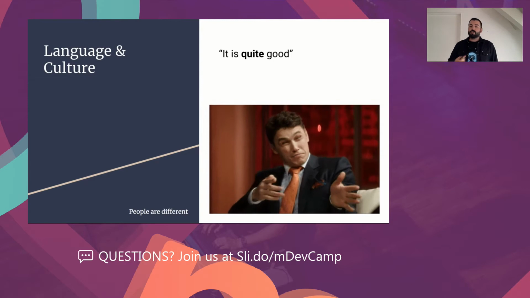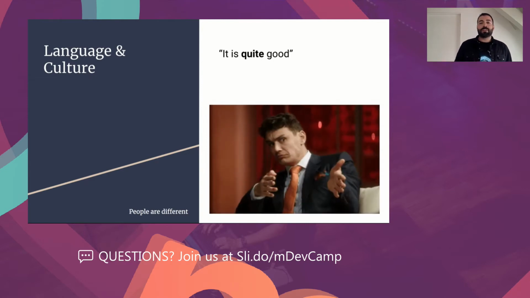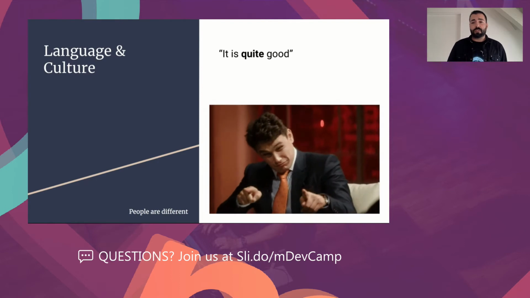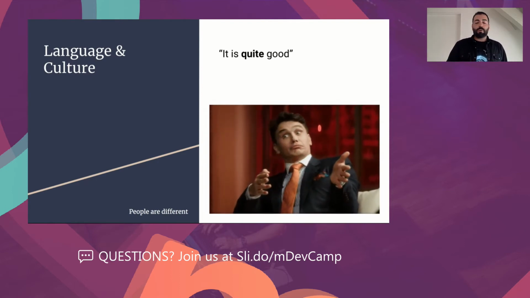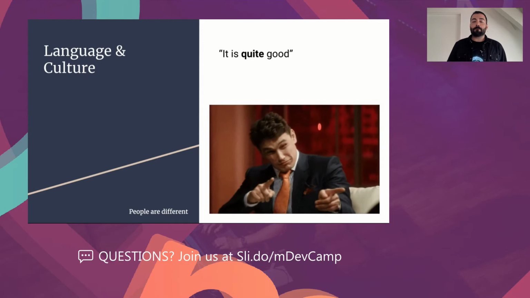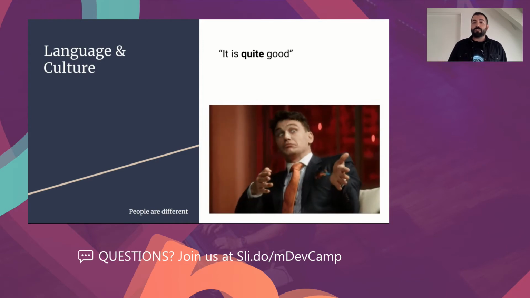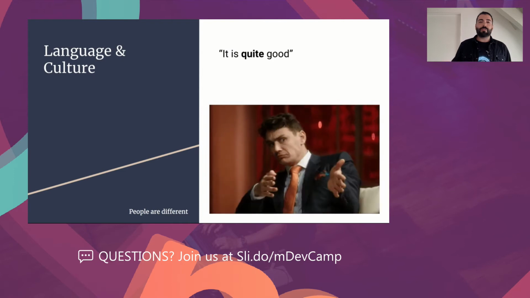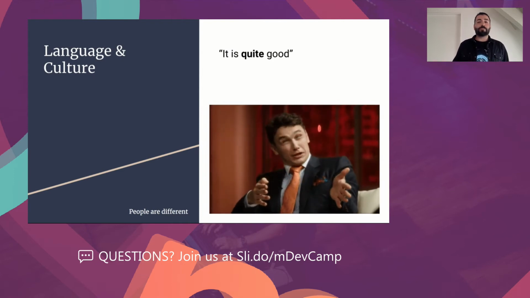And then let's assume a conversation between two people trying to decide whether or not to buy a product, right? And one of them ends the conversation saying it is quite good, and the other person wonders, should it buy or not? We don't know, right?